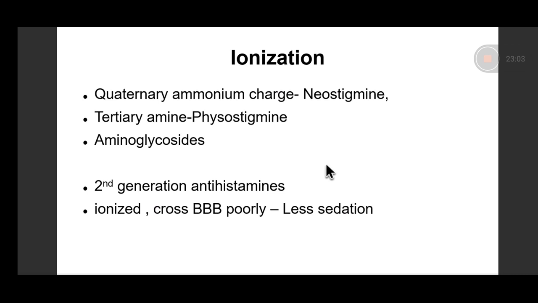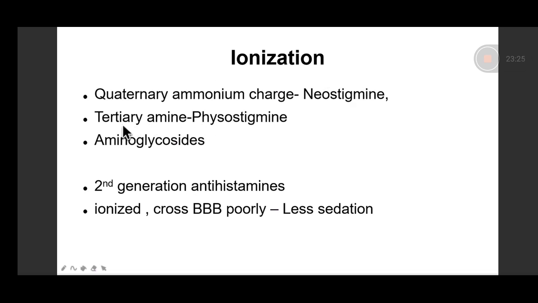Drugs with a quaternary ammonium charge, such as neostigmine, are not lipid soluble and cannot be given orally. So neostigmine is given parenterally or is given as an injection. Neostigmine is a cholinergic drug.